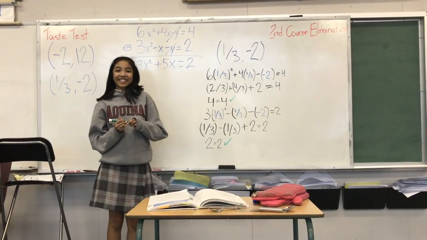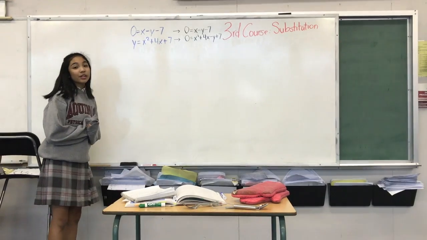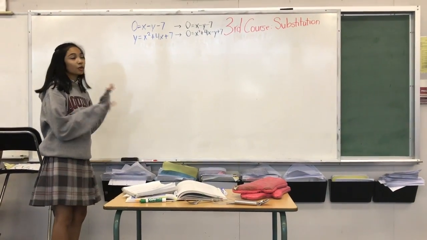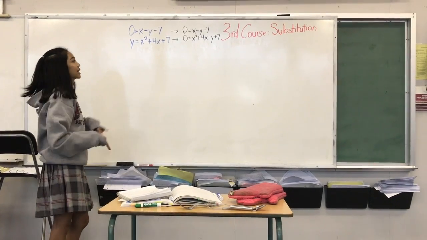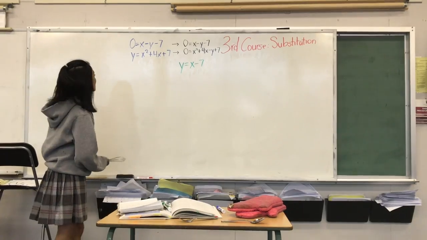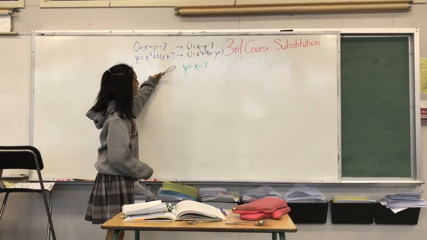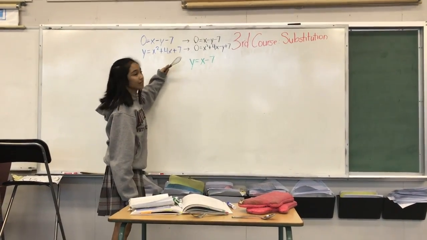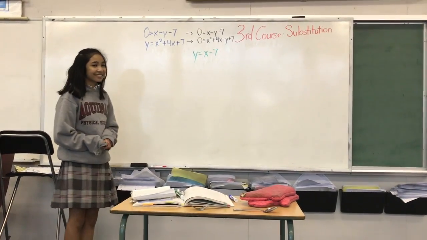They're both correct. Our third course is substitution. Step 1 is to rearrange the equations into general form. You do this by moving all the variables onto one side. Step 2 is to choose the variable to isolate. In this case, we chose y equals x minus 7, so we can easily plug it back into the other equation.